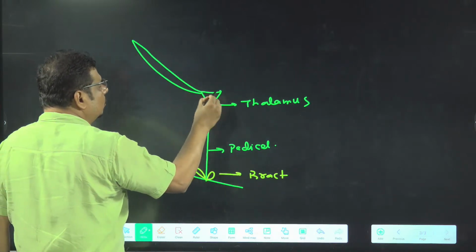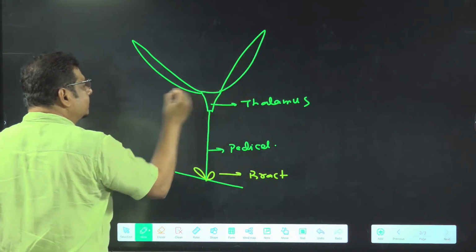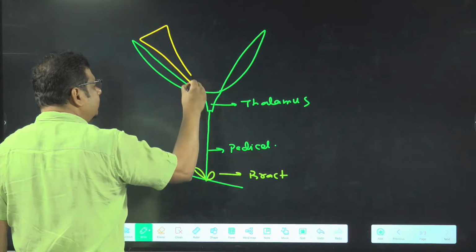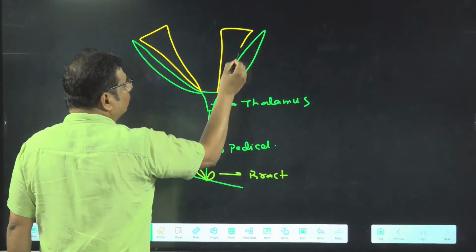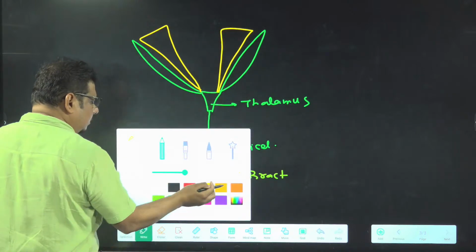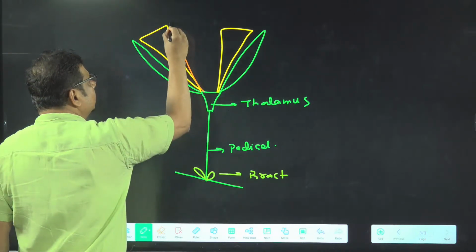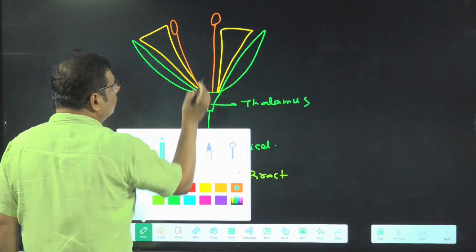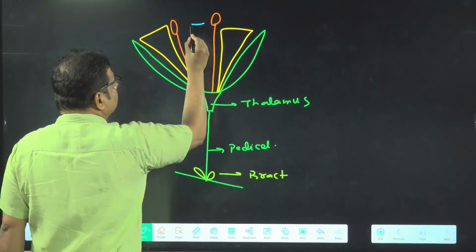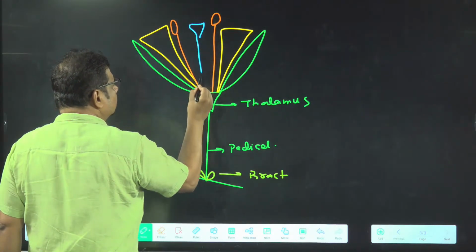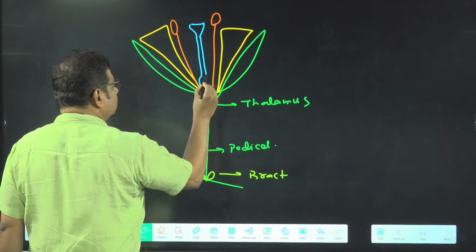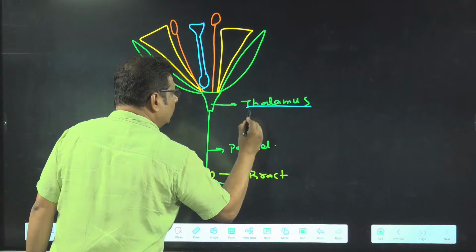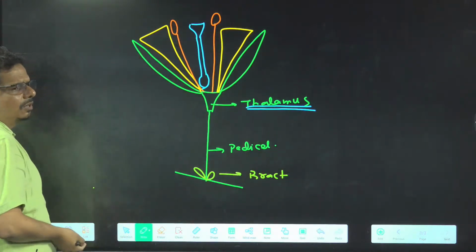Here the outermost whorl is the calyx, then the second whorl from outside is the corolla, then the third whorl is the androecium, and the central and innermost whorl is the gynoecium. Getting the idea or not? These are the four floral whorls present on the swollen thalamus.